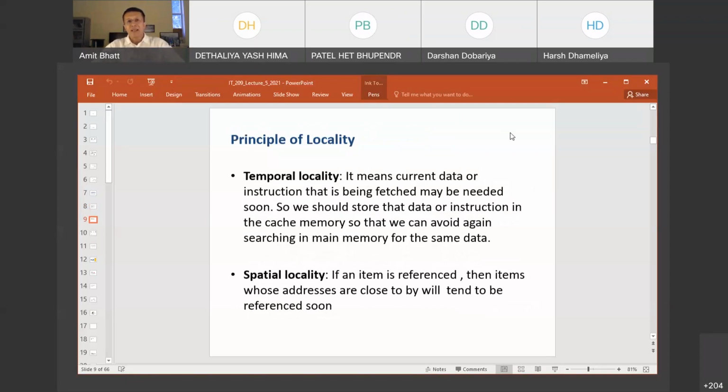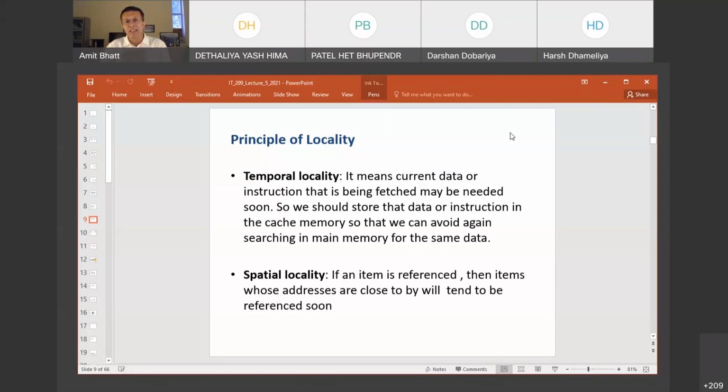So to make the idea of cache a success, we have to make sure that two things are in our favor. The first one is temporal locality, and the second one is spatial locality. Temporal locality says that if you have used an instruction or data a little while ago, then chances are that you will use it again.